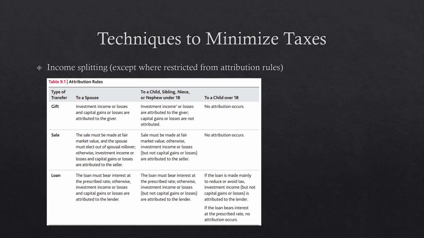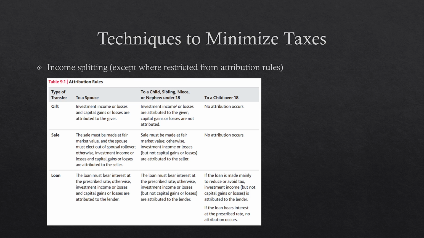If you don't sell the asset for fair market value, then some gains would be attributed to the seller. That might come into play for a property or a cottage. If you're selling it to a family member, then it could potentially cause some attribution rules. If you are selling to a child over the age of 18, there aren't any attribution rules.